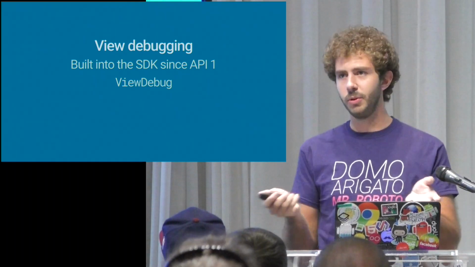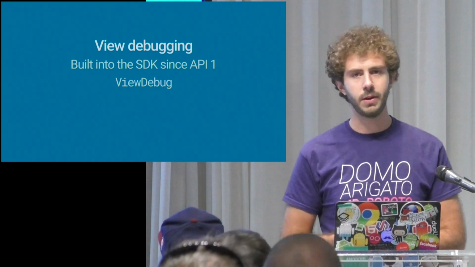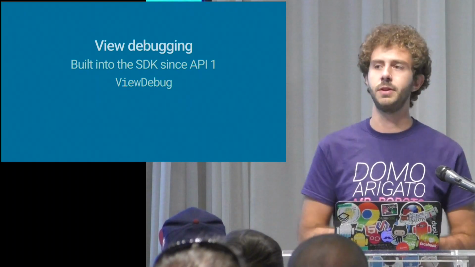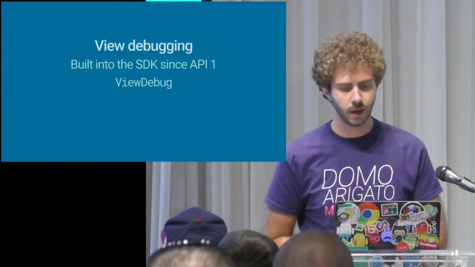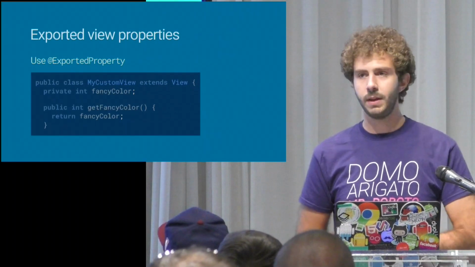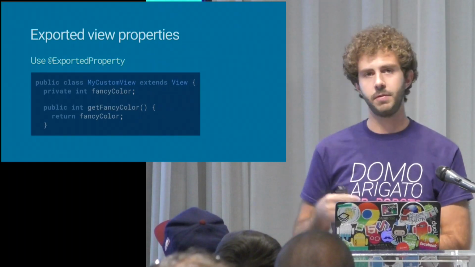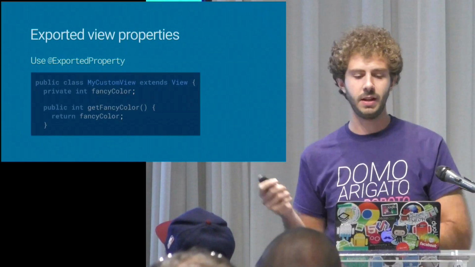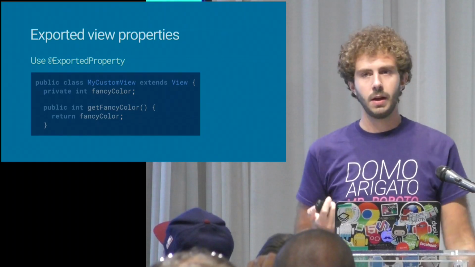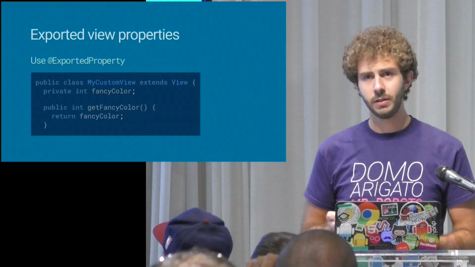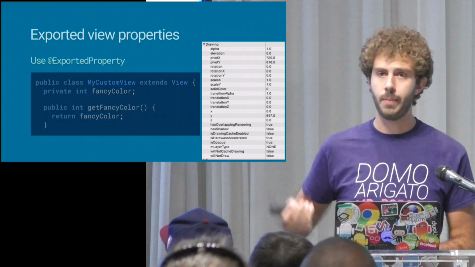So I guess you all know about the existence of hierarchy viewer, which is now inside of the Android device monitor tool. Well, if you have a custom view and you have your fancy property that might be like a color or something, by default in hierarchy viewer, it doesn't show up anywhere.